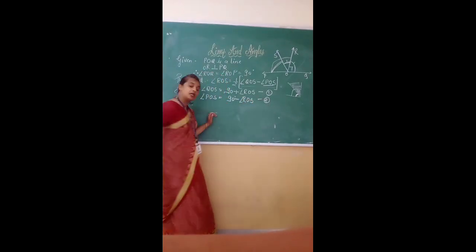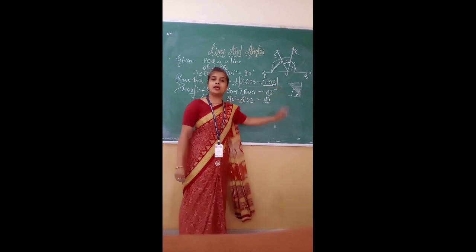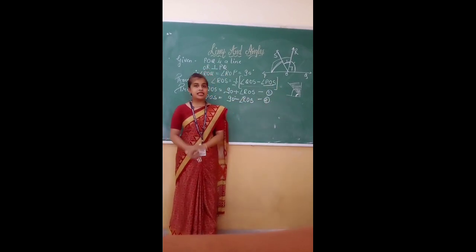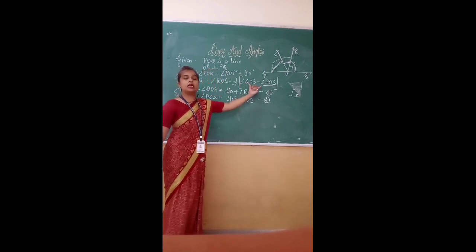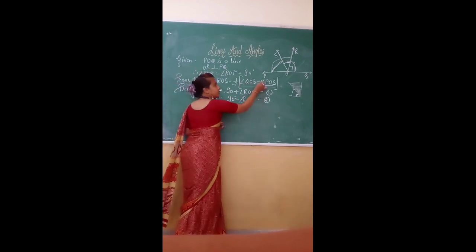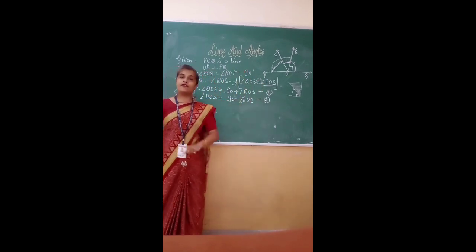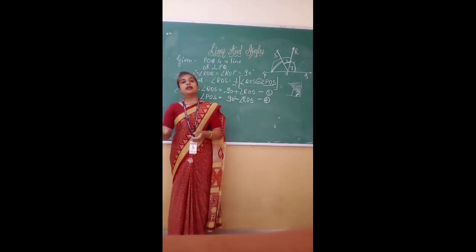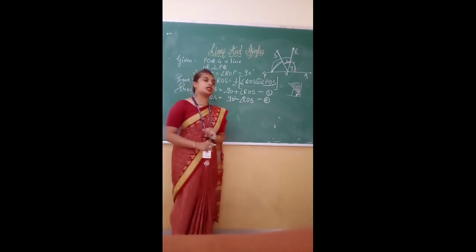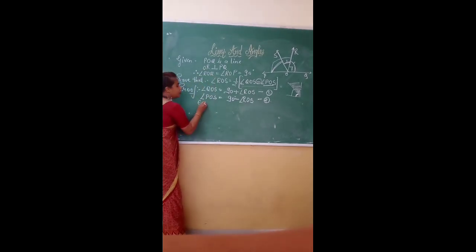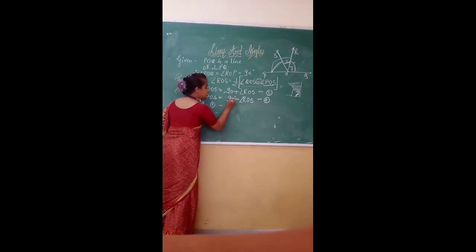Okay, now the values of both have been found. Now what will be done? To get ROS, what is the relation between these two? The relation between these two is the difference. So here we will also find out the difference of both these equations, that is equation 1 minus equation 2.